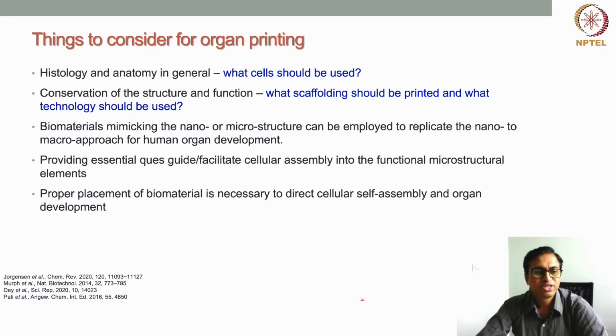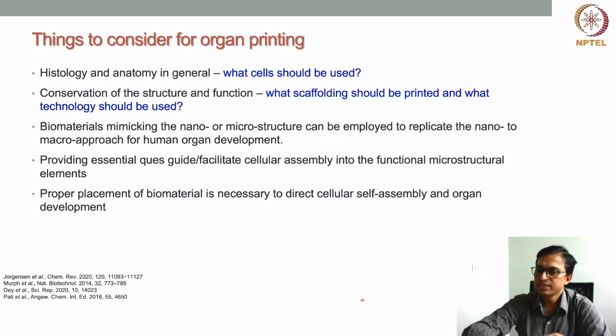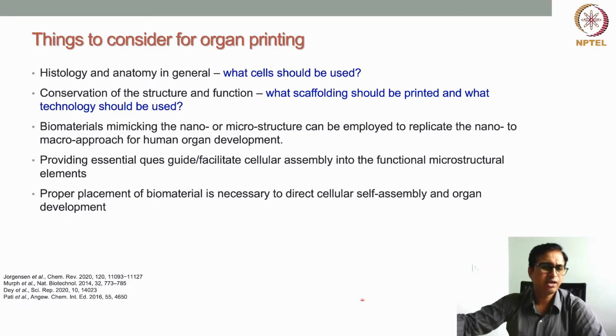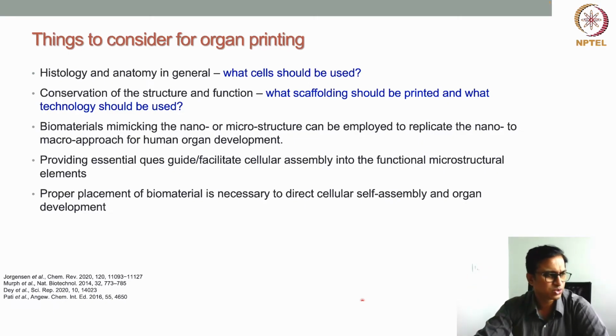So different biomaterials can be employed to mimic those nano or microstructures to replicate the nano to macro approach for human organ development. That means biomaterials have a typical structure, and if we study different biomaterials well, then we can understand that they have their own microstructures or nanostructures.